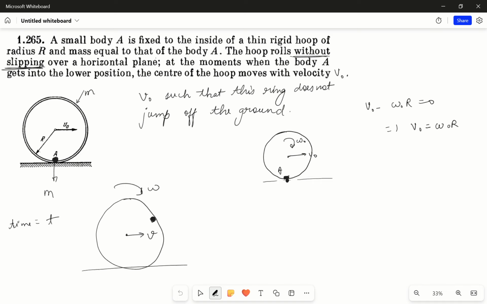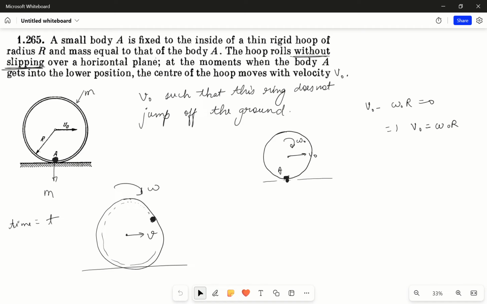This is the ground, and this body would be situated here, and after some time it would come here, and similarly it will perform a whole circular motion in this ring.